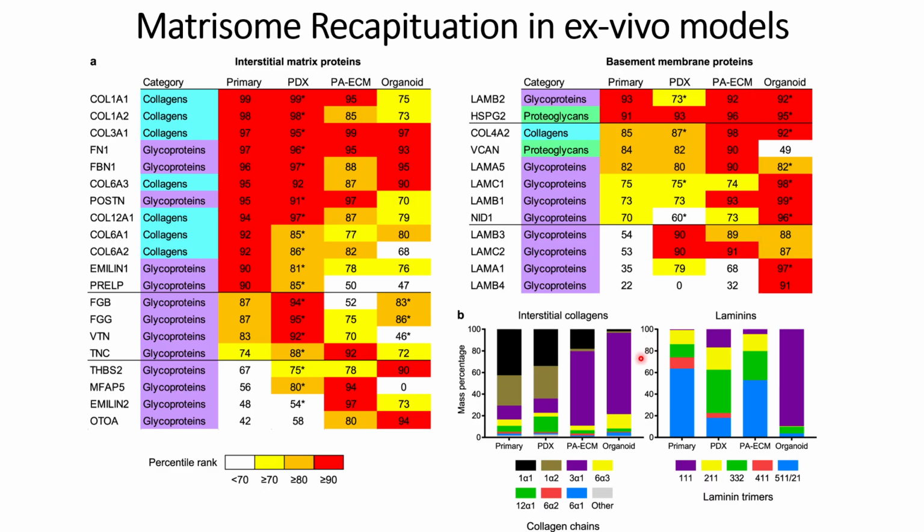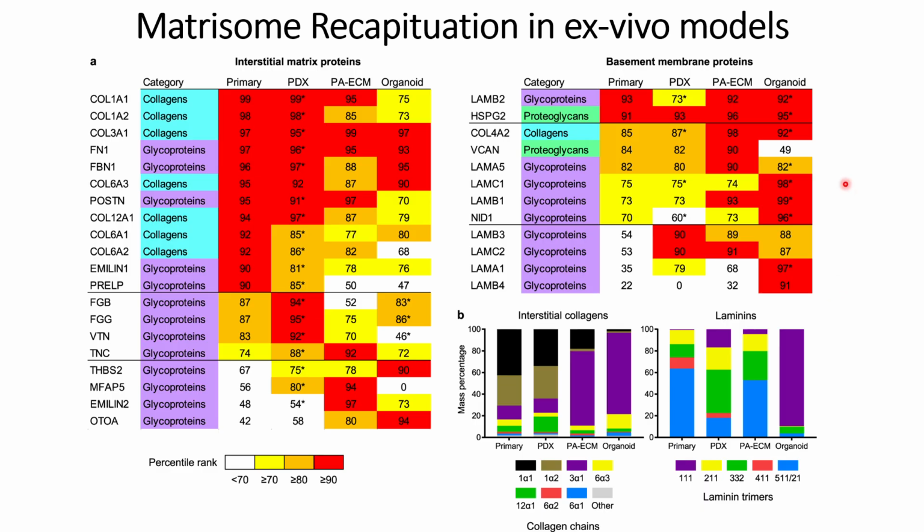And the other composition expressions, such as collagen 3 and collagen 1, are also more closely in line with the primary tumors compared to other ex vivo models such as organoid. These things are also validated by the laminin compositions.